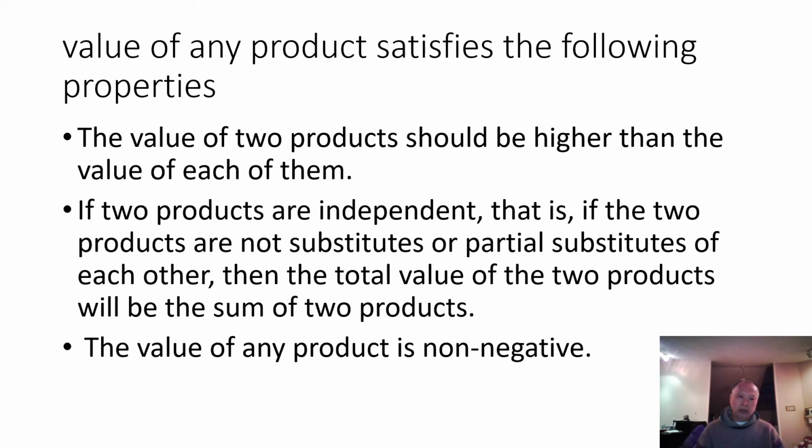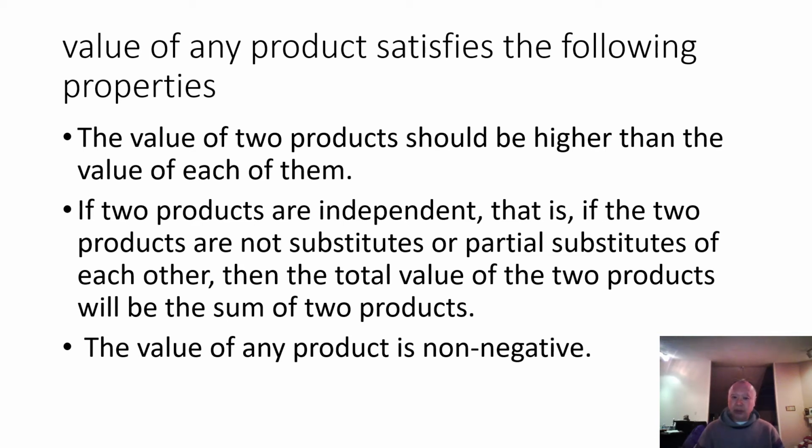First, the value of two products should be higher than the value of each of them. Second, if two products are independent, that is, if the two products are not substitutes or partial substitutes of each other, then the total value of the two products should be the sum of the two products.